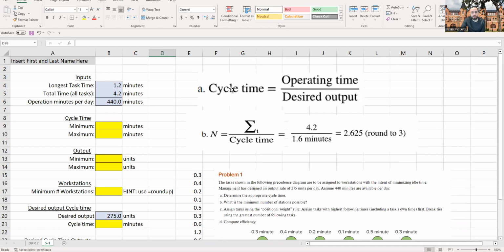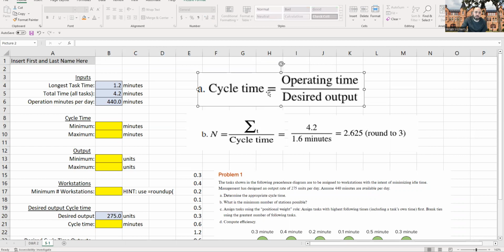So this relationship, I talked about this at the end of the lecture over the chapter material, but this relationship of cycle time to operating time to desired output, this formula can be rearranged to solve whatever it is you are trying to figure out.